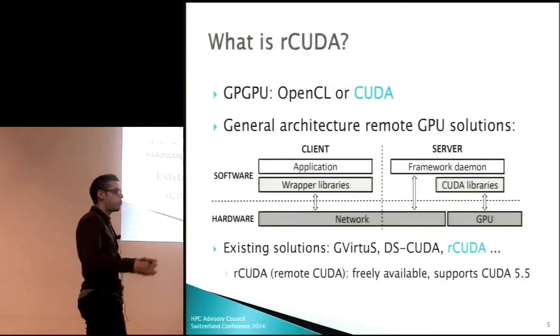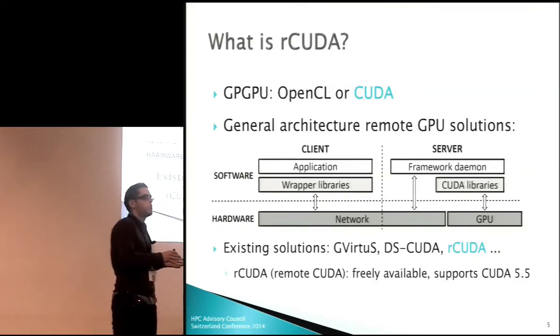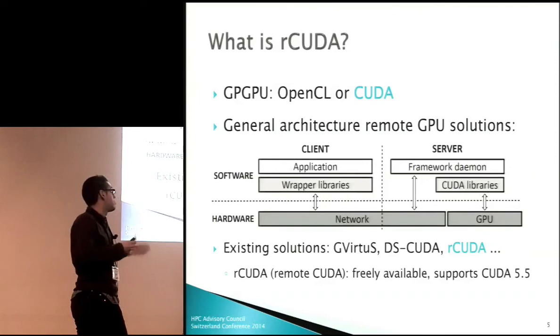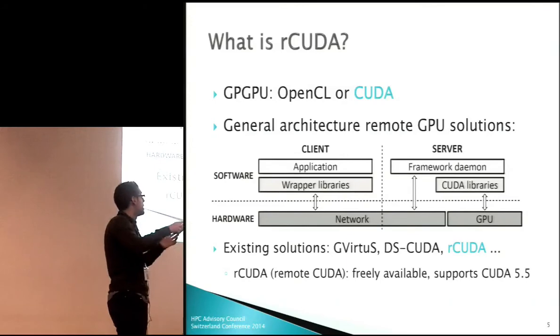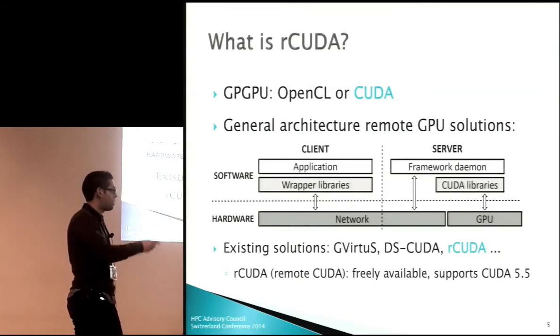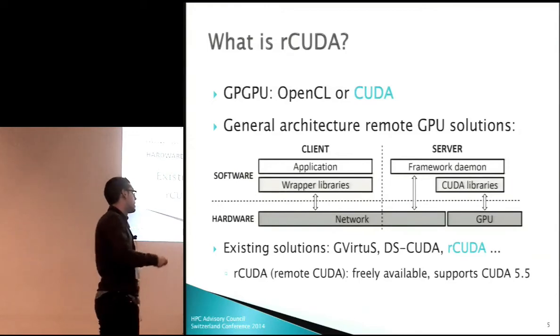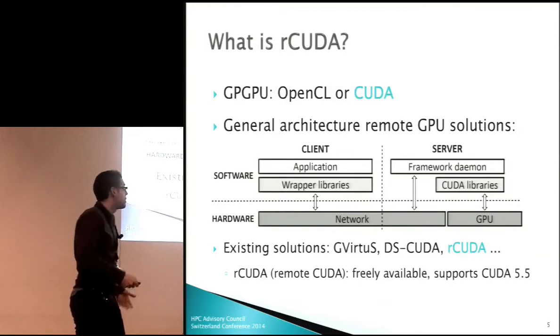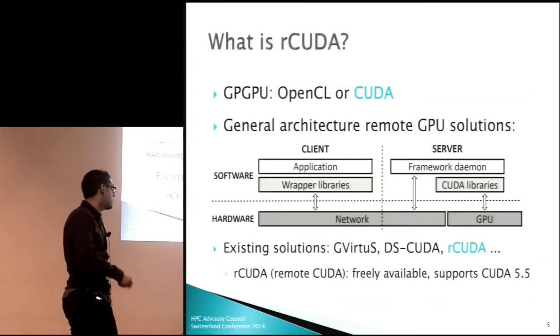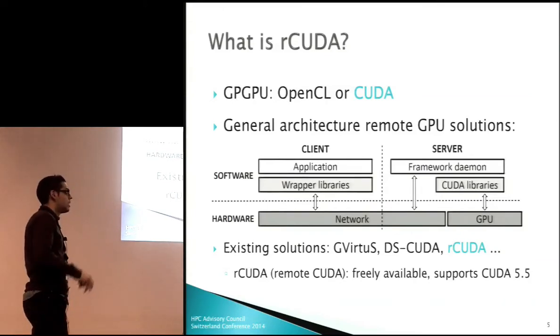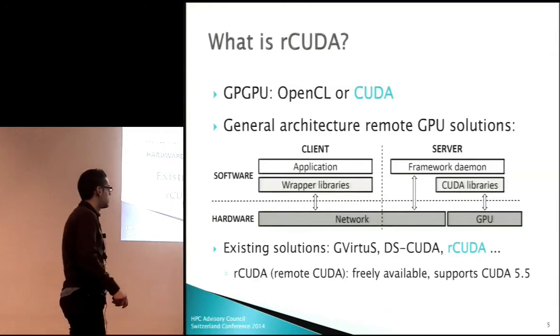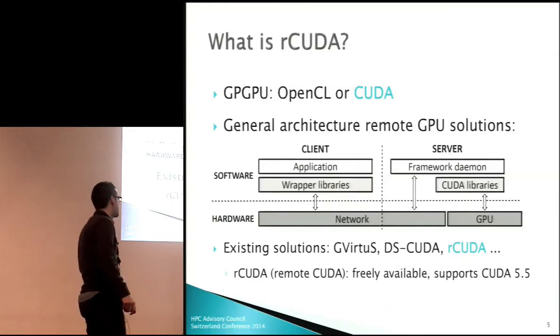In that client, we have substituted the original CUDA libraries with the remote GPU virtualization libraries. These libraries will forward the CUDA application requests to the server on the other side, where the GPU is really located and where the CUDA libraries are really working. So there exist several solutions, and during this presentation, we are focused only on the one we have developed, which is rCUDA, as I said before, and which is freely available and supports CUDA 5.5.